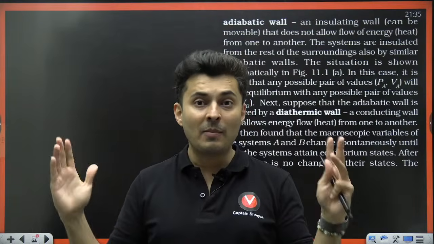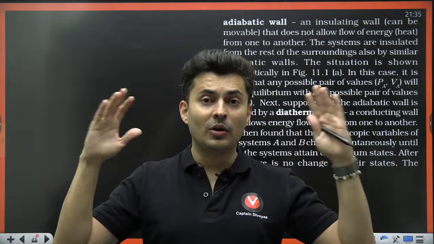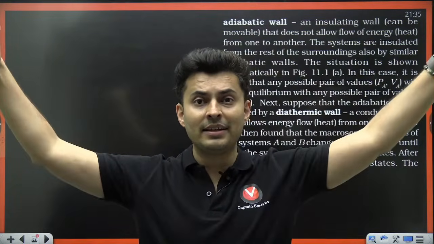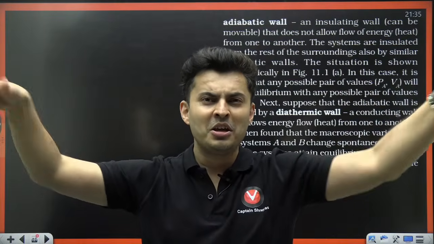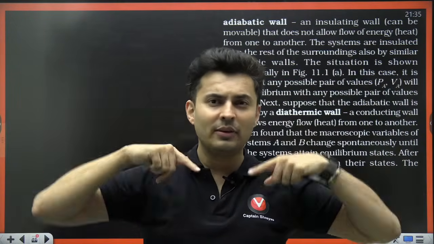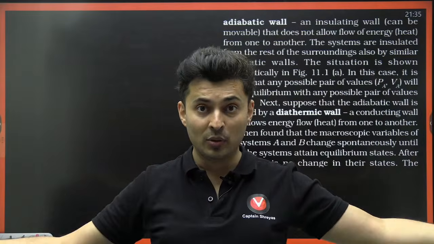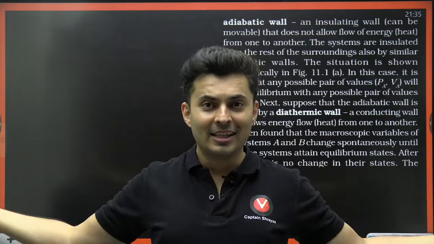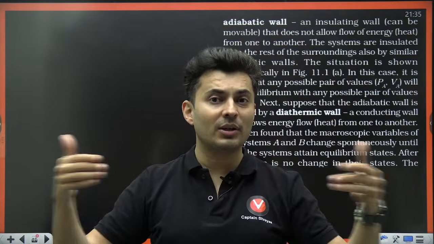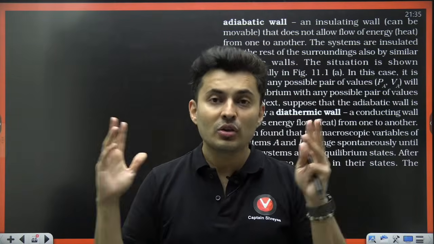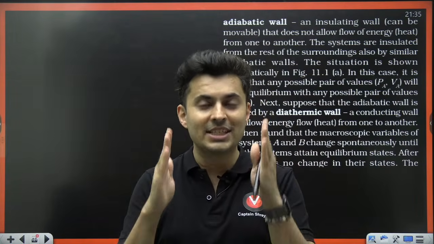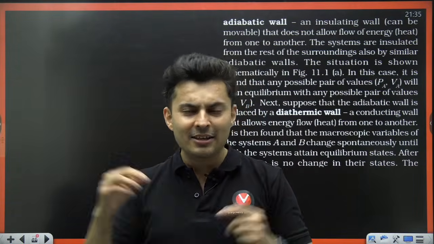But imagine you are in a container or a shelter which is made of tin or metal: if it's hot outside, you will feel hot inside. If it is cold outside, you will feel cold inside. That means it is allowing the heat transfer to happen from in to out. So the boundary walls are of two categories, one which allow, one which don't allow.